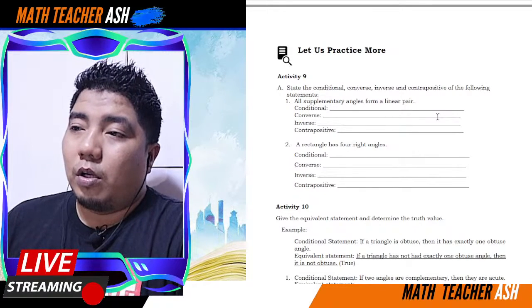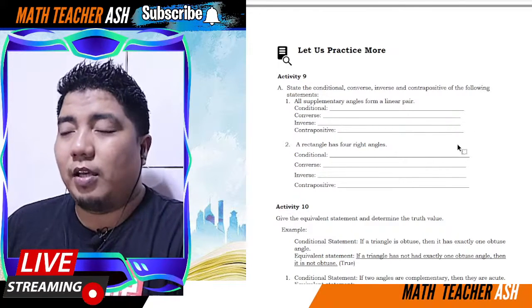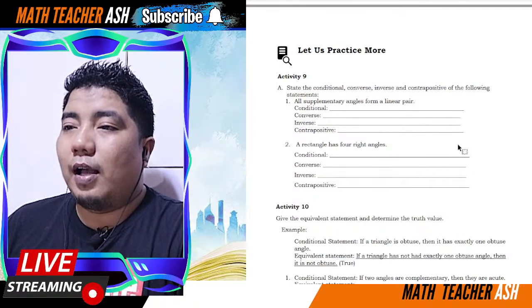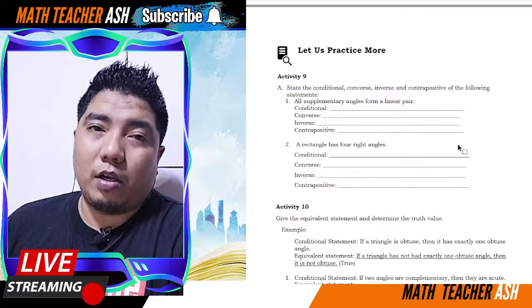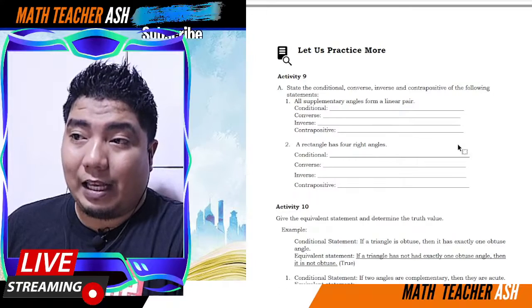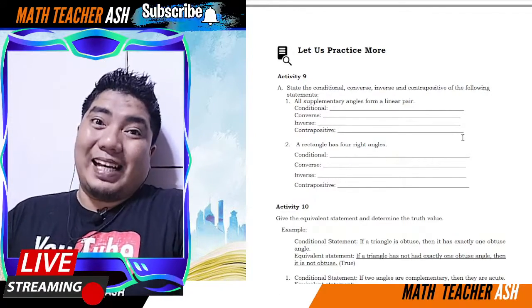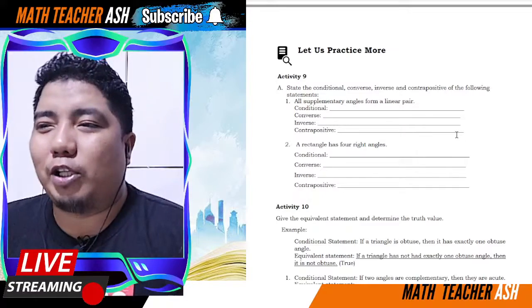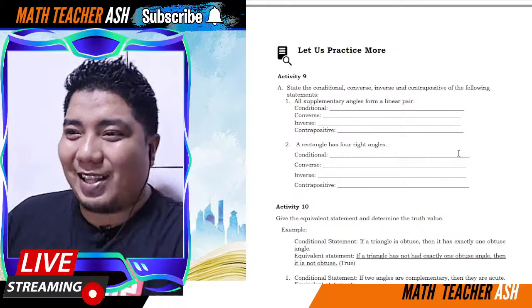So, conditional statement, gagawa ka dito ng if and then statement. If angles are supplementary, then they form a linear pair. Ganon. So that will be your conditional statement. Of course, kayo na ang gumawa ng converse, inverse, at contrapositive.